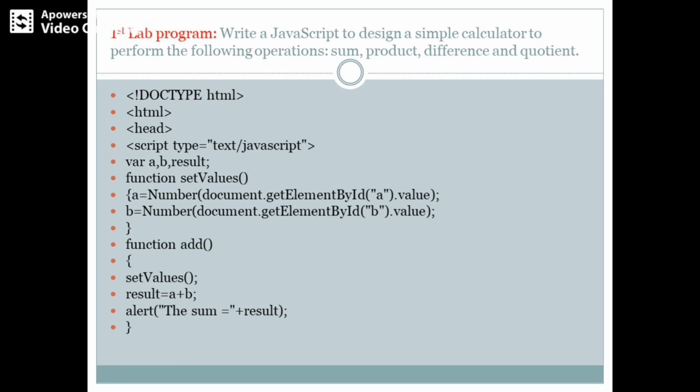Basically, in order to write JavaScript, first of all we need the script tag, and with the script tag we demonstrate some kind of dynamic interaction.